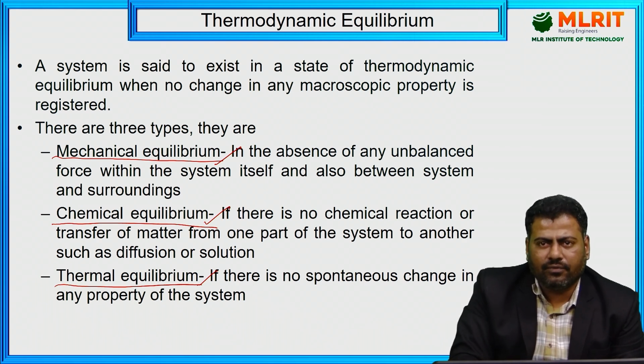Before entering into these various types of equilibrium, what is meant by equilibrium in the first place? When can we say a system attains the equilibrium conditions? For that we have the definition here.